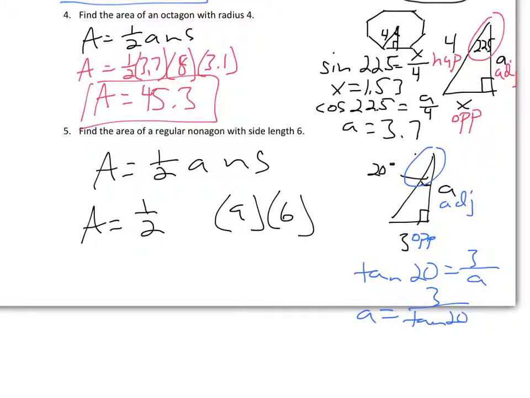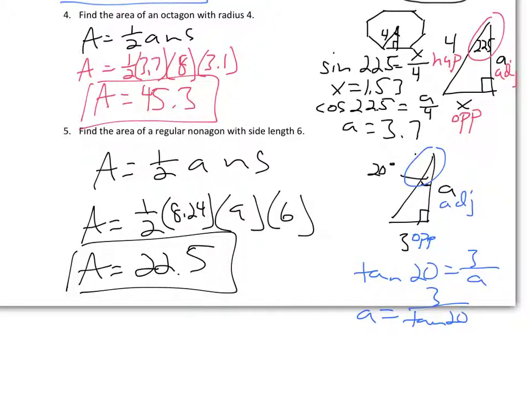And when you do that division, you're going to get that the apothem is 8.24. All right, we can multiply all this out. Multiply by 9, multiply by 6, multiply by 0.5. And the answer is 222.5. That makes much more sense. 222.5. That is all.